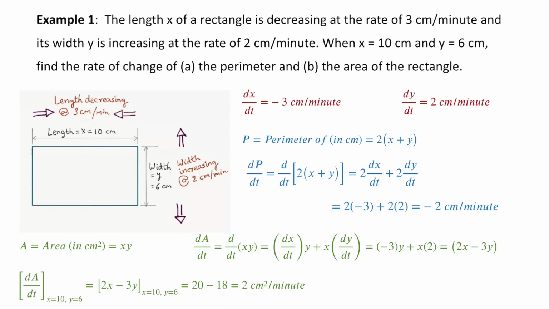But please note that the area would not be changing at a constant rate of 2 every time, because we've already seen that dA/dt is a function of x and y, right? So it's possible that there are moments in time when area is decreasing. It just so happens that at this particular time when x is 10, y is 6, the area is increasing even though the perimeter is decreasing.